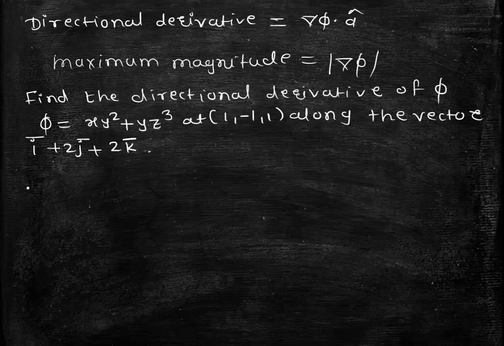Here we have to find the directional derivative of phi at the point (1, -1, 1) along the vector.